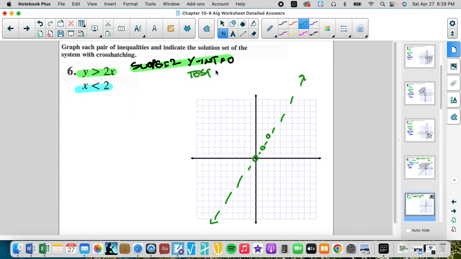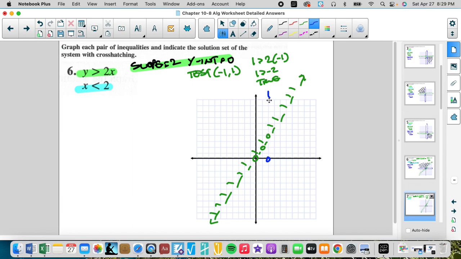Testing negative 1, 1, just up in this region. Is 1 greater than or equal to 2 times negative 1? Is 1 greater than negative 2? That is true. So 1, 1 is true, so we'll shade this side. This is x-intercept of 2, open circle.